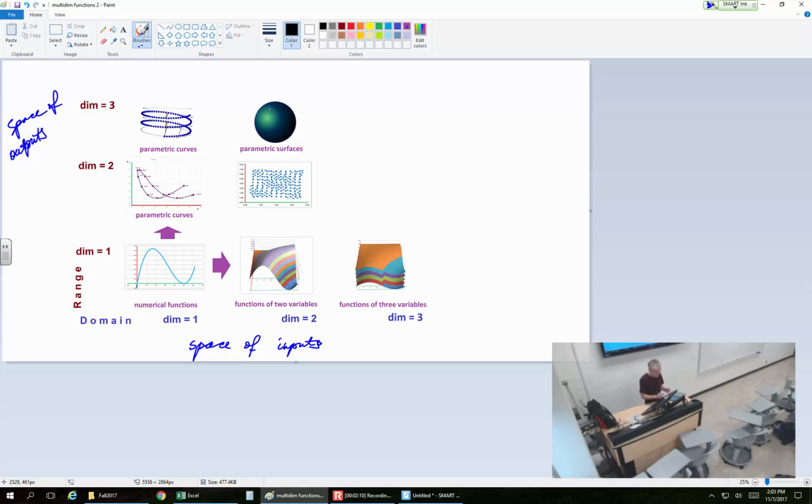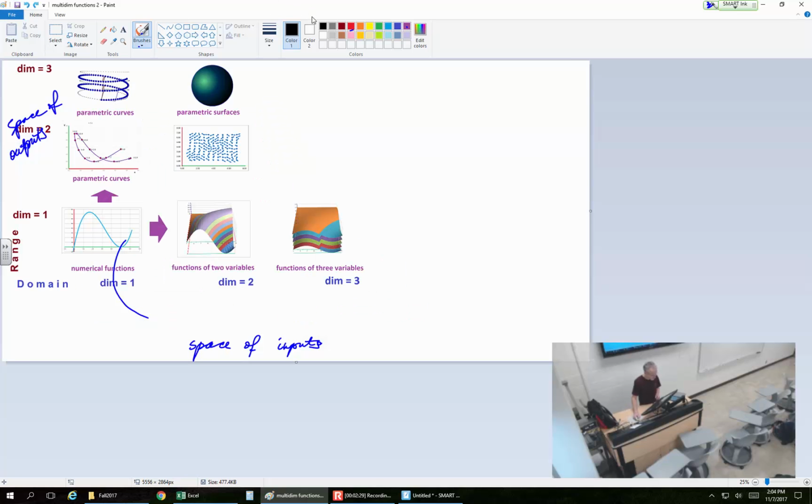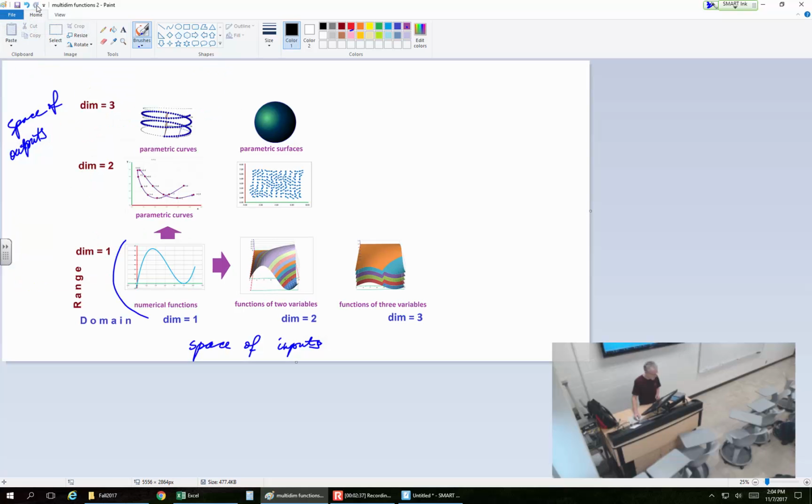Okay, but we're talking about dimensions. And so, as you can see, we have here the calculus 1 situation at the very... Okay, what happened? Okay, I see.